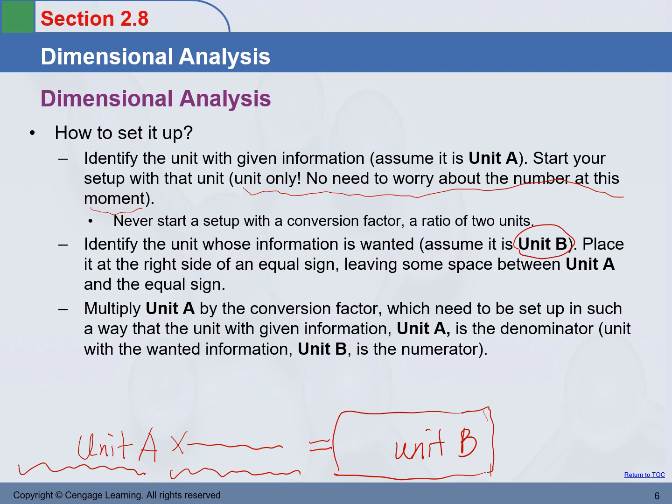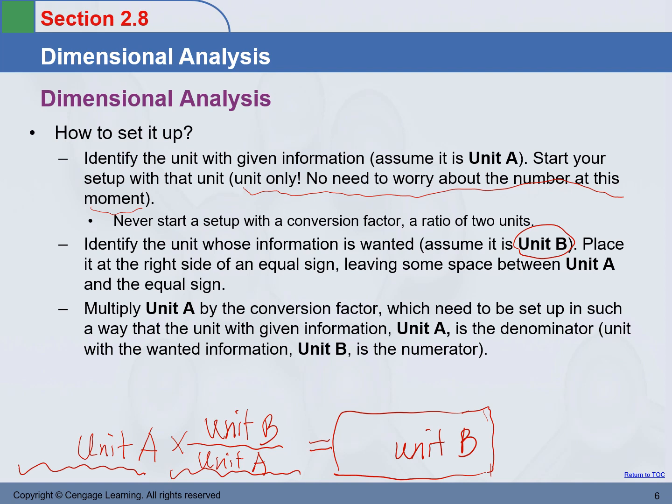Step number 3, multiply unit A with a conversion factor. This conversion factor gives us the relationship between unit A and unit B, and you need to make sure that in the ratio of unit A and unit B, unit A is at the bottom and unit B is on the top.